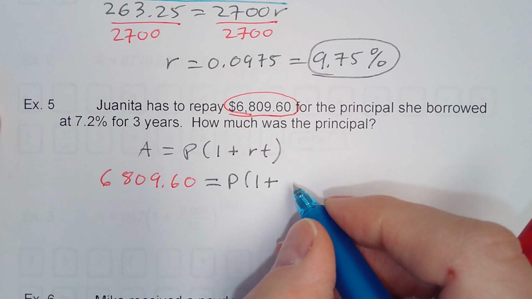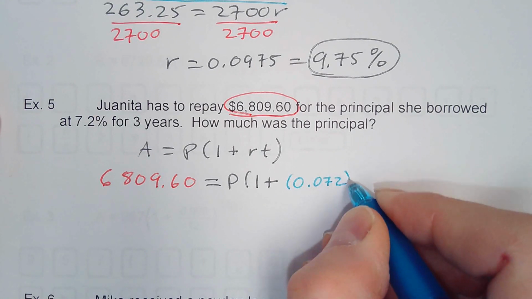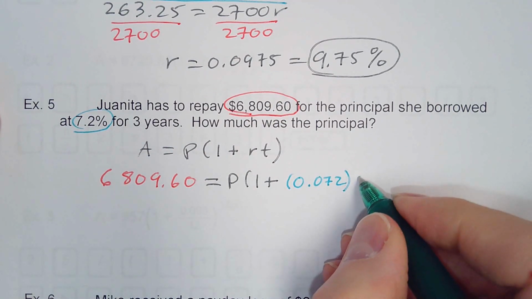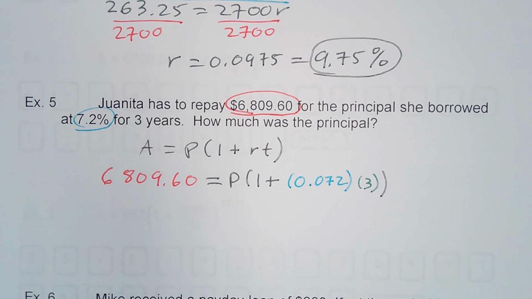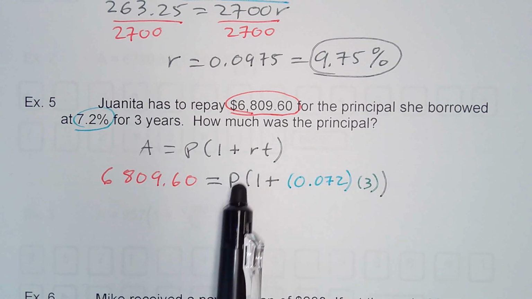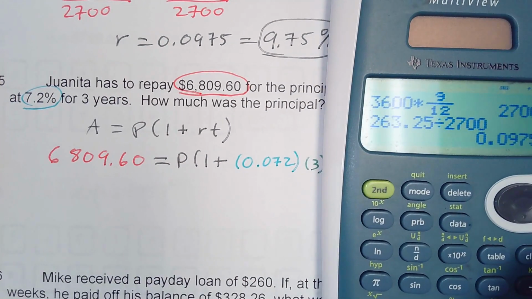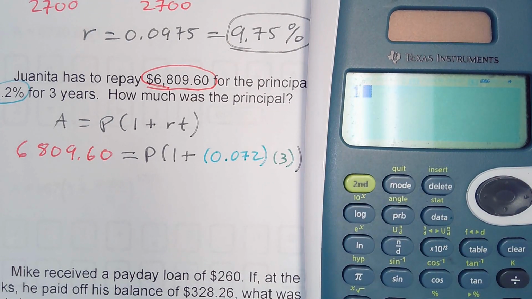And then what are we going to write down for R? 0.072. And our time here is 3 years. Now, notice the stuff inside that parentheses is all numbers, so I can simplify that. So I'm going to take my calculator here. 1 plus 0.072 times 3.